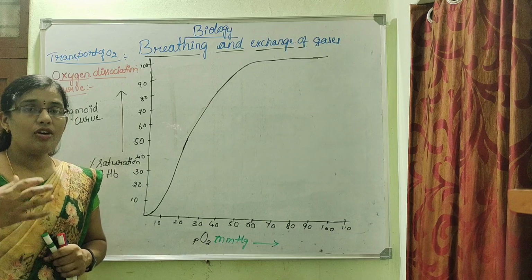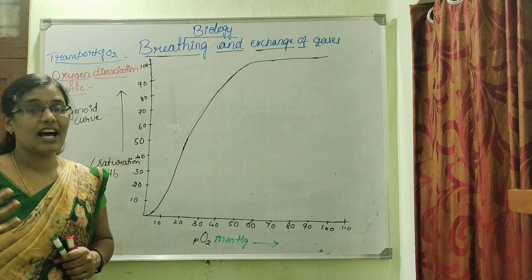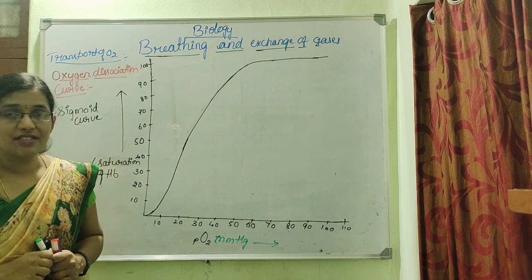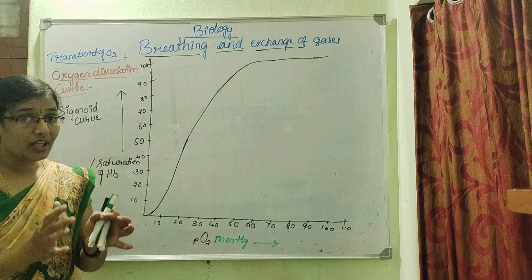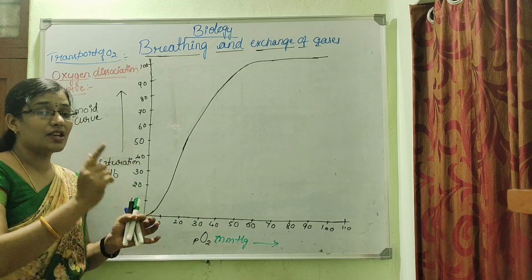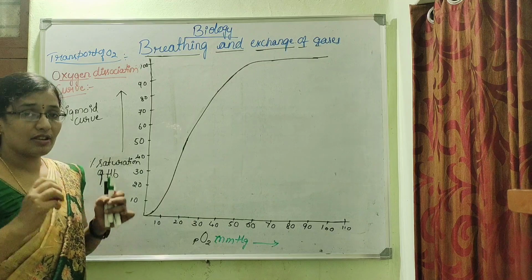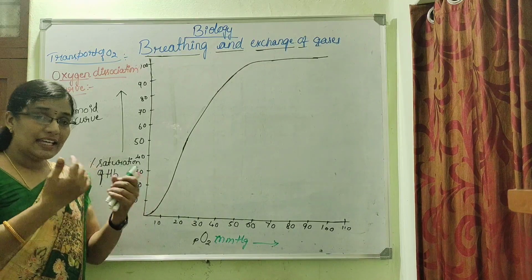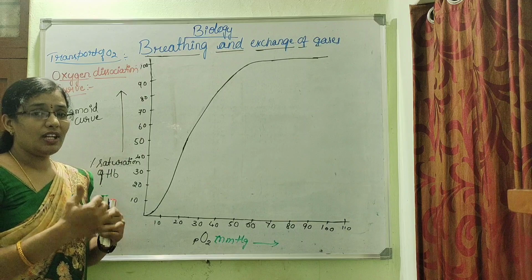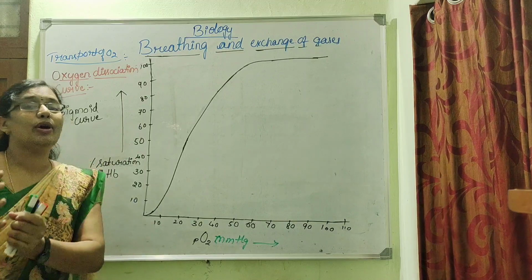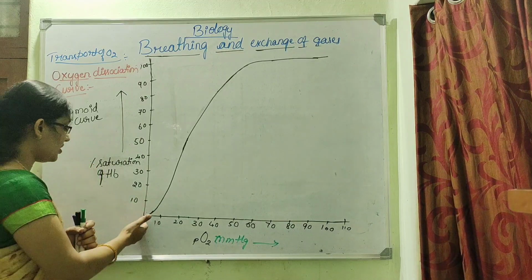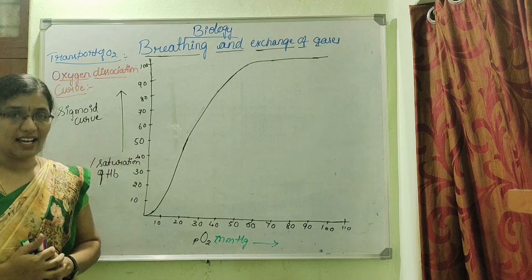That means how many hemoglobin molecules have been bound to oxygen molecules. One hemoglobin has the capacity to carry 4 molecules of oxygen. Likewise, inside our body, how many hemoglobins have been bound to the oxygen? That I have taken on the y-axis.